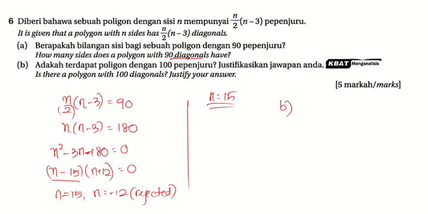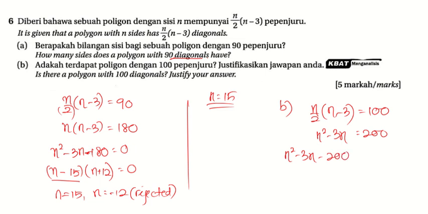So part B now, is there a polygon with 100 diagonals? Let's try. n over 2, n minus 3 equals 100. So n squared minus 3n equals 200. n squared minus 3n minus 200 equals 0. Let me see.